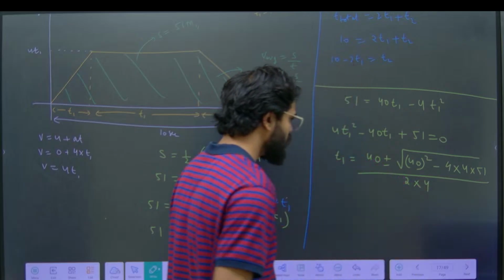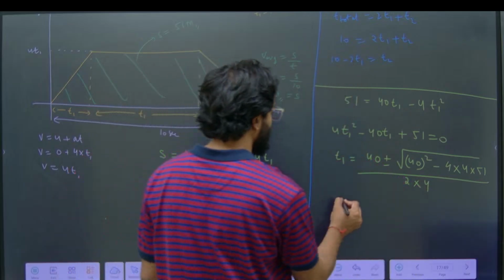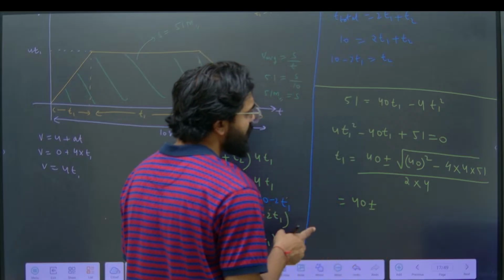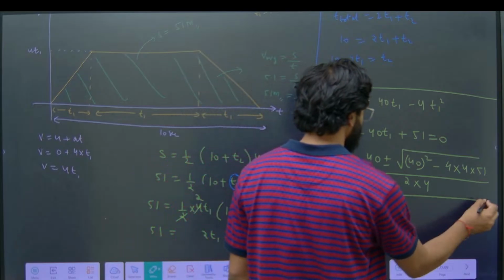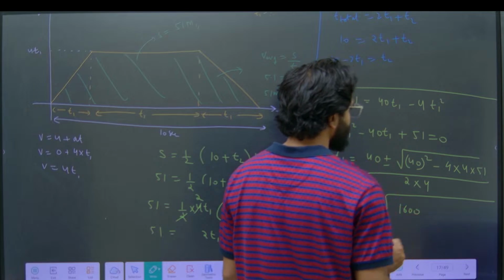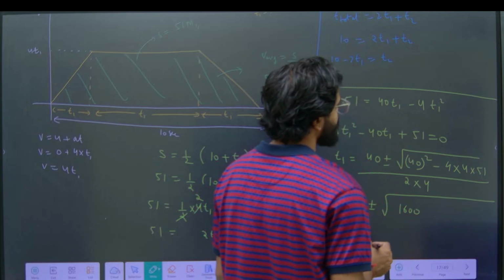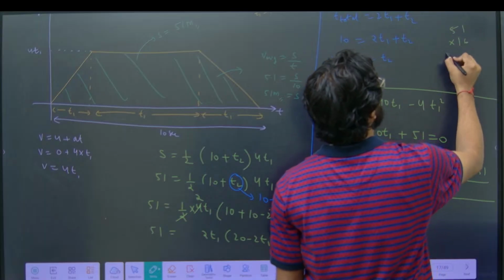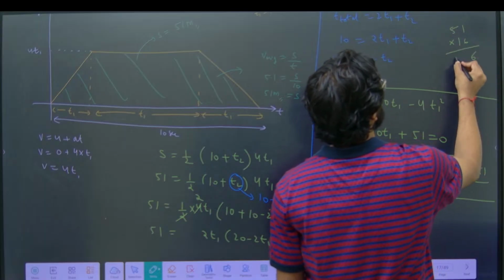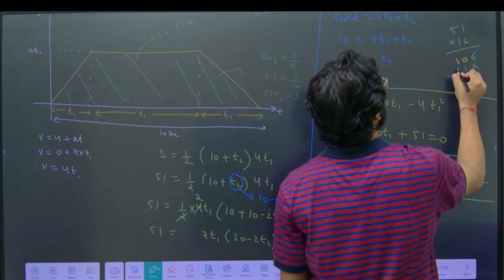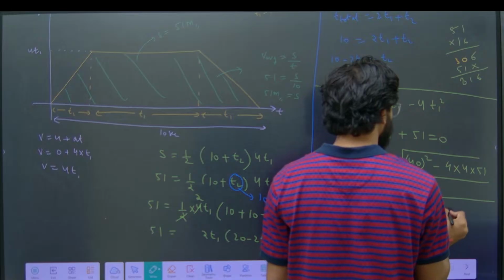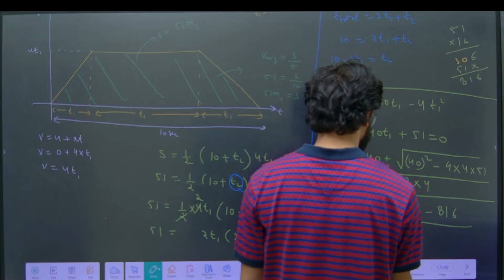Questioner, I hate you. What kind of data is this? So it is 1600 and 16 into 51, which is 816. So minus 816.